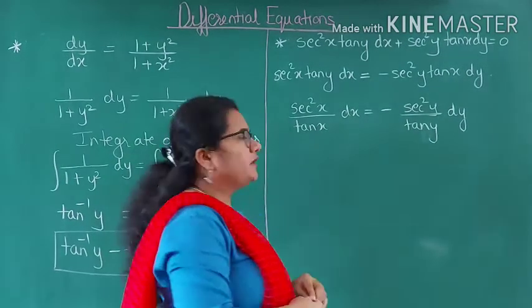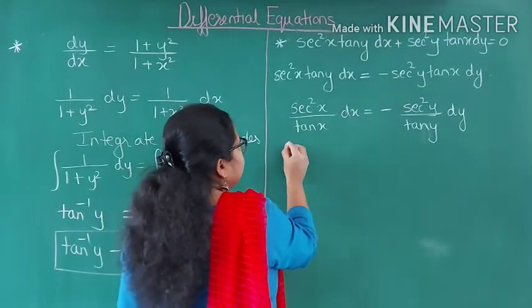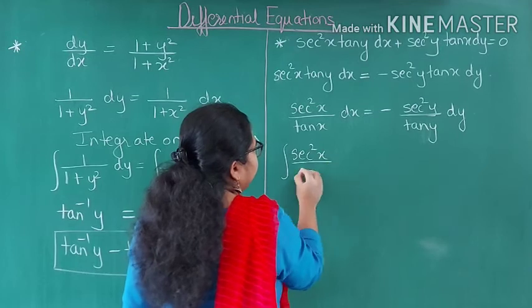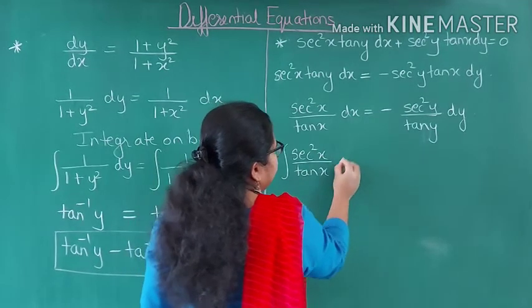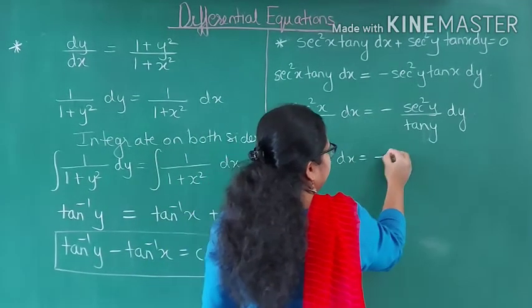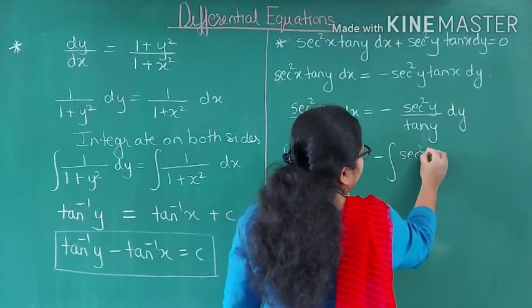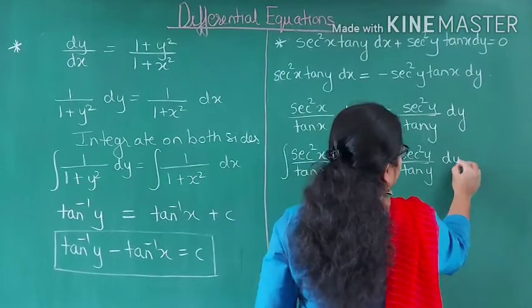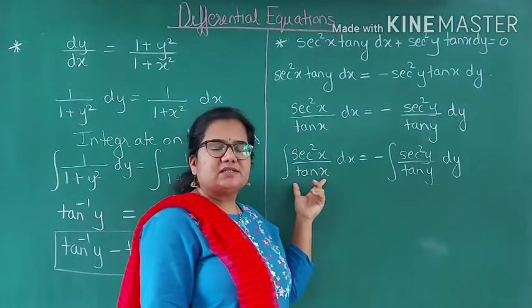Now the next step is to integrate. So integrate on both sides. So what do you get? Integration of sec square x upon tan x dx is equal to minus integration of sec square y upon tan y dy. So here you can see it is integration of sec square x upon tan x.